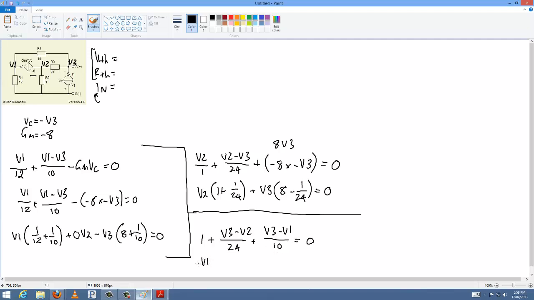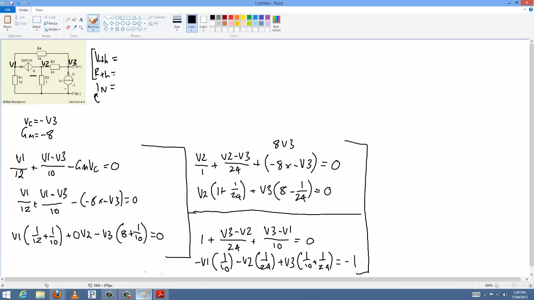You have V1, negative V1, 1 on 10. Negative V2, 1 on 24, plus V3, 1 on 10, plus 1 on 24, equals -1.